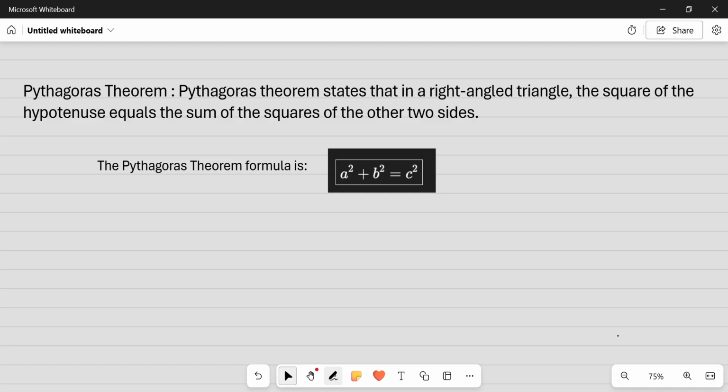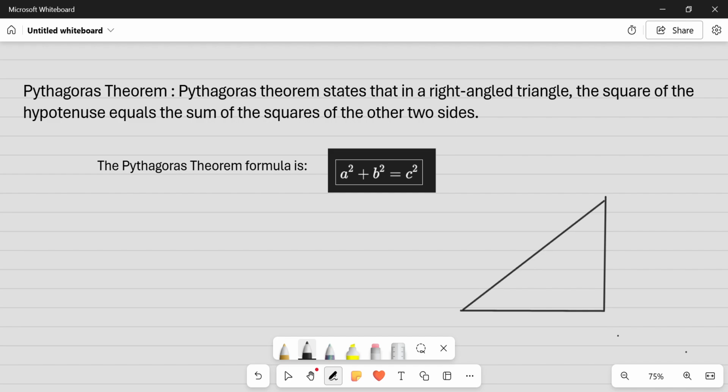If I draw a diagram here, this one is a right angle triangle. As you know, this is a special type of triangle and it's called a right angle triangle. This side is c square, or you can say hypotenuse.